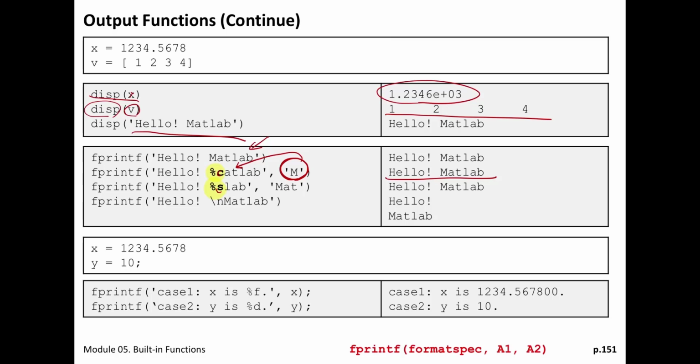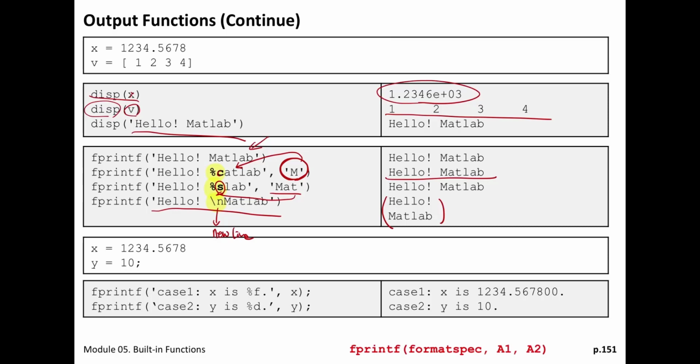Here S is a character vector, so you can plug in this character vector here. And if the format spec includes this one, this is for a new line, so you'll print out like this.